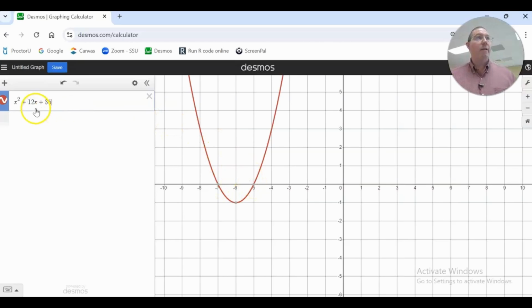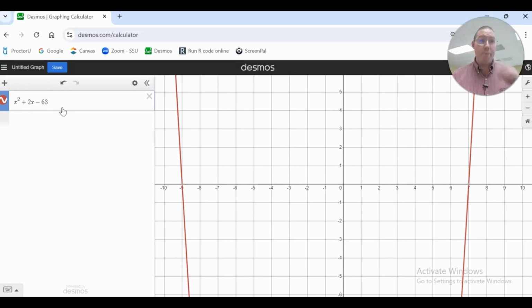The next one we did was x squared plus 2x minus 63, and we had x plus 9 and x minus 7. Here's a -9, but we reverse the sign to +9, so we have x plus 9, and this is +7, and we reverse the sign to -7, so it's x minus 7.